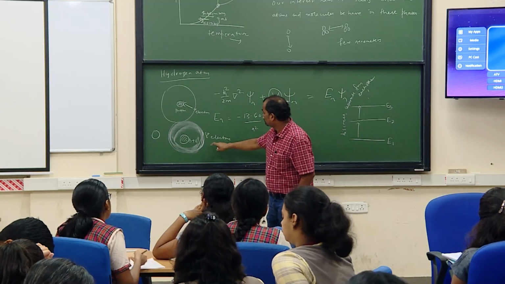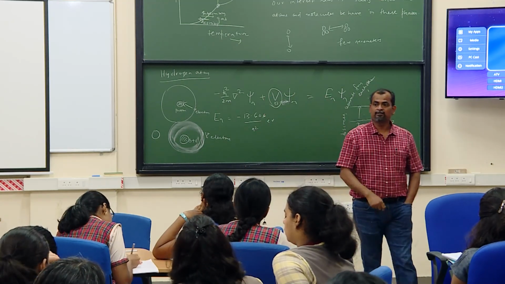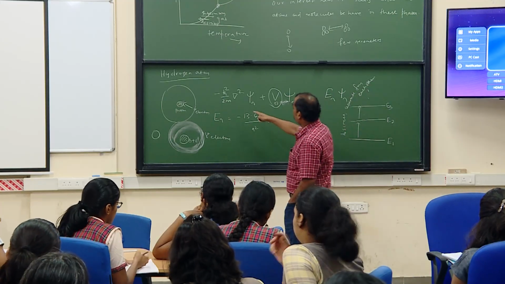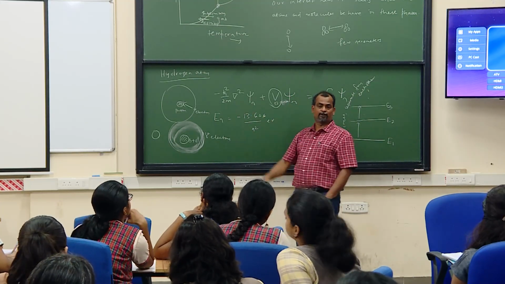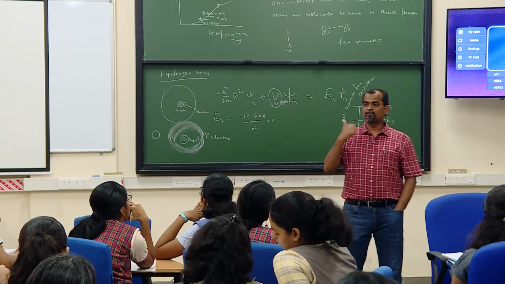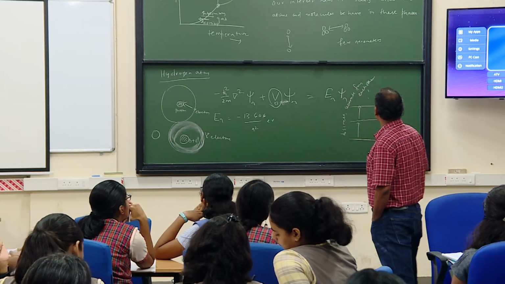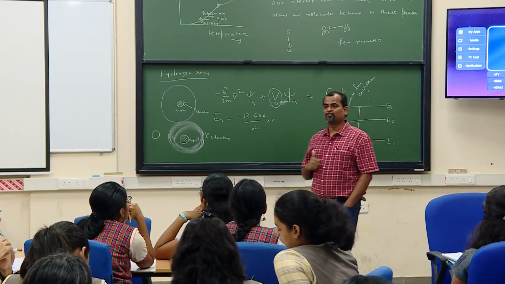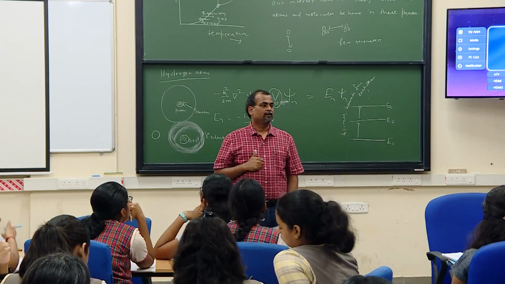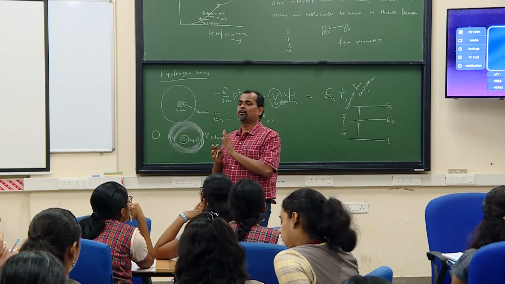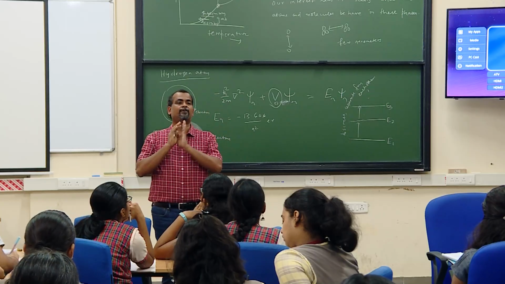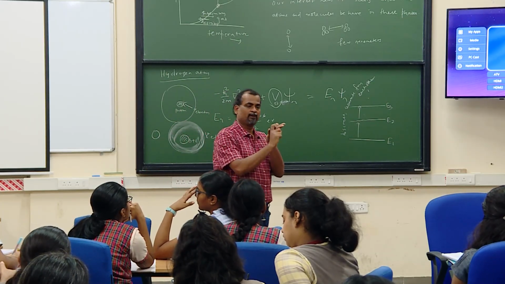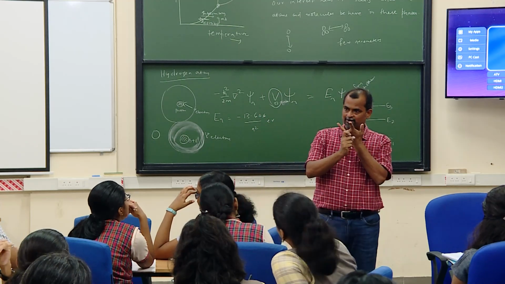Now when it comes to oxygen, how many kinetic energy operators do you have? We are studying electronic structure. By the way, when I say electronic structure, what does it mean? How do the electrons behave inside a system, be it solid, liquid, or gas?